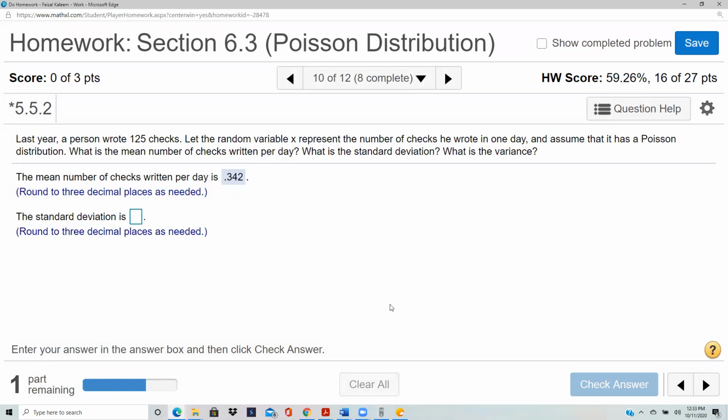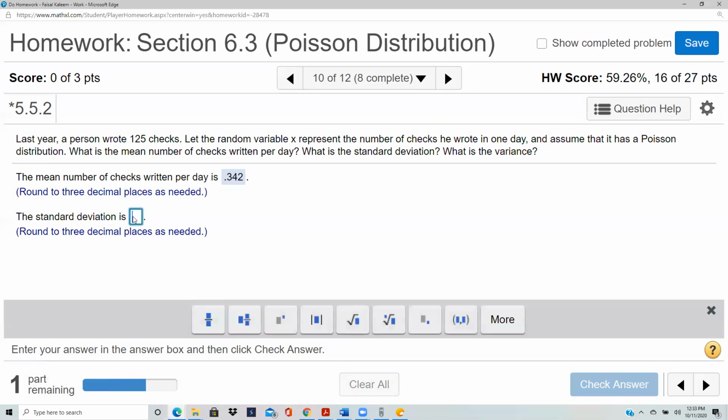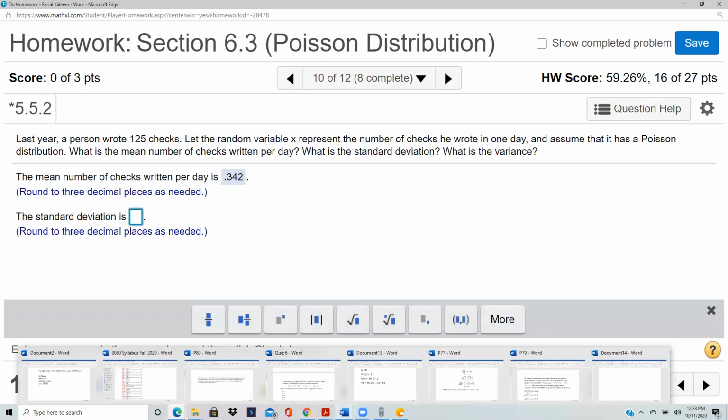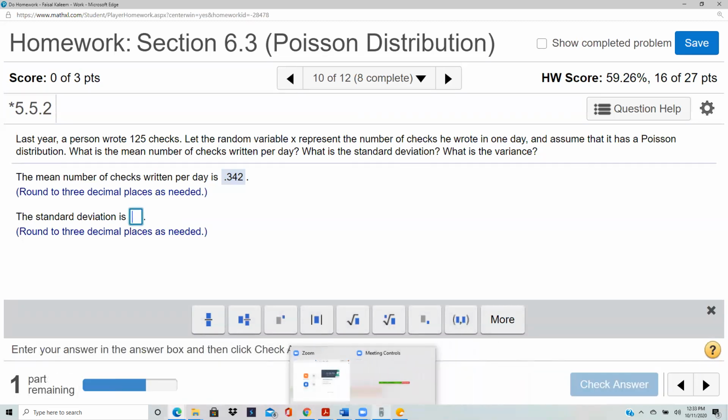And the standard deviation, for Poisson, the standard deviation is the square root of the mean. So we take the square root of 0.342.